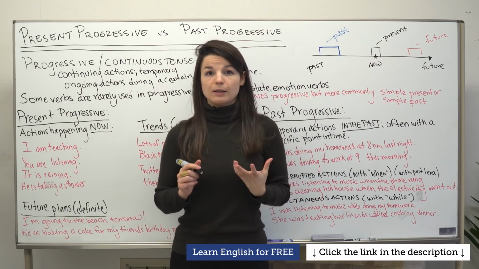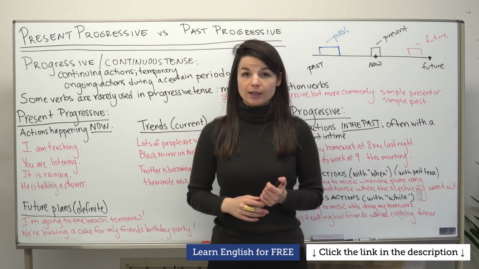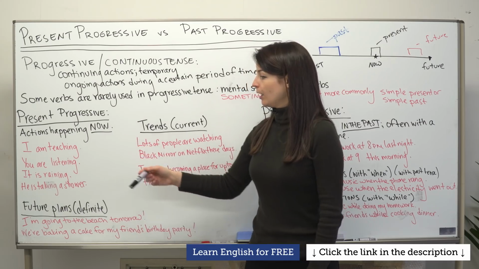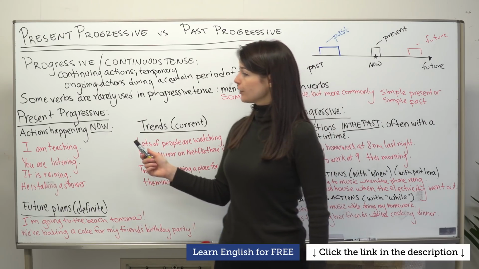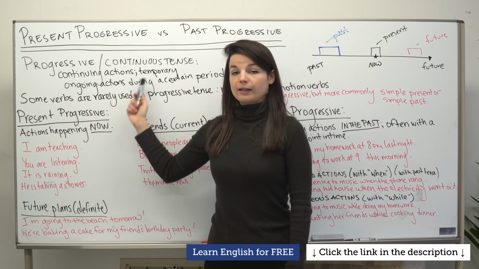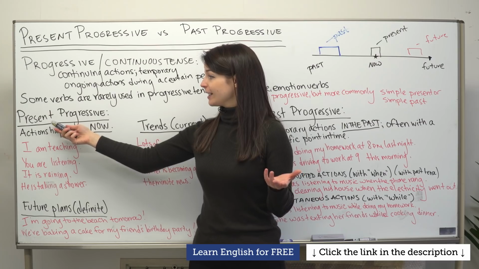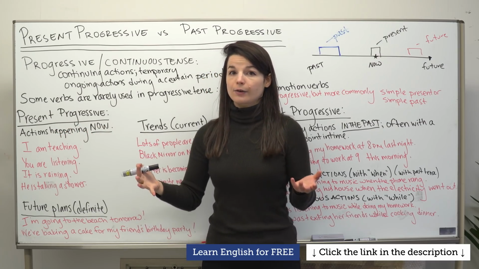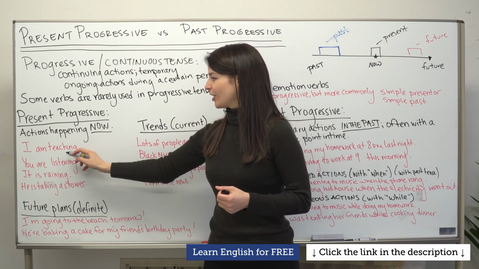Okay, so with this in mind, let's begin with the present progressive tense or the present continuous tense. A few things I want to talk about with the present form. First, as we've talked about already up here, is for actions that are happening now. So it's present tense, meaning they're occurring now, something that is happening now. So basically, I am teaching, for example.